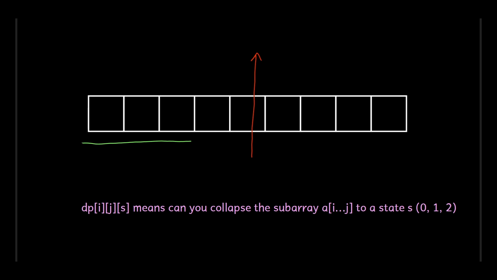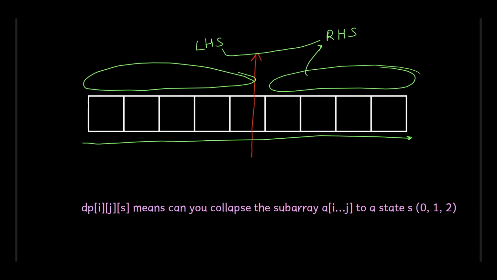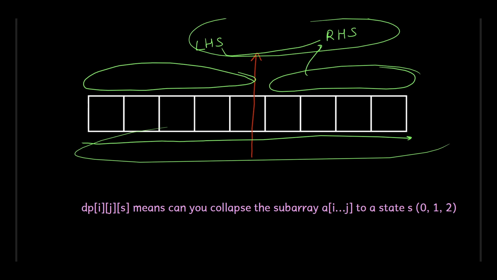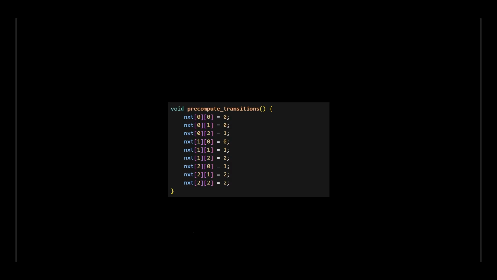So you try all of these points, and then you check, if this is your last merge point, can this array be collapsed to LHS, and can the array on the right hand side be collapsed to RHS? And if they can, then I can merge LHS and RHS together to create the final state for this entire array. This way you can solve this problem in O of n cube for the reduced version. And since we were doing a binary search, the entire problem can be solved in n log n.